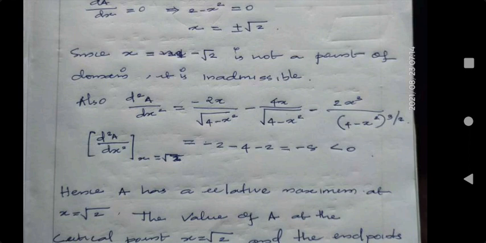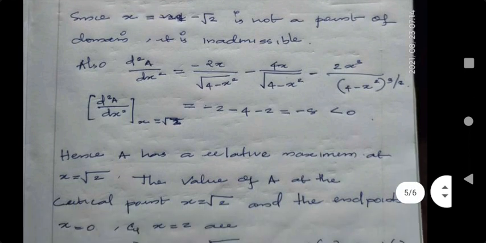Also d square A by dx square equal to minus 2x by root of 4 minus x square minus 4x by root of 4 minus x square minus 2x cube by 4 minus x square all raised to 3 by 2. Then d square A by dx square at x equal to root 2 is equal to minus 8, which is less than 0.